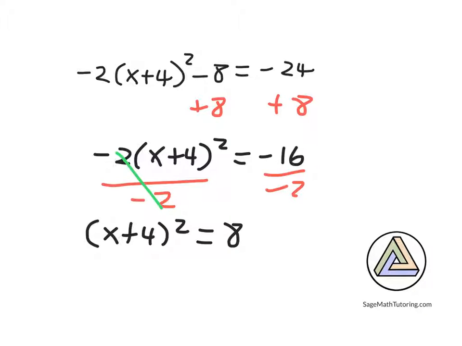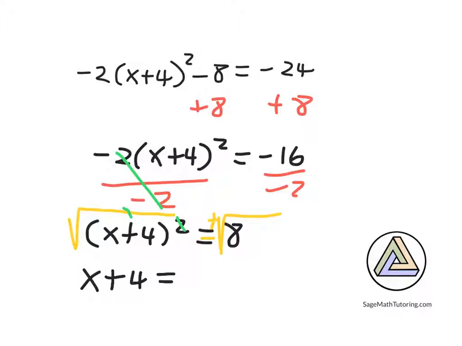And now we're ready to do the actual square rooting action of this, and that looks like using these big square root symbols. Don't forget to do the plus minus thing over here. That's a good habit to get into. And then we have x plus 4, because this square root symbol cancels with that 2.